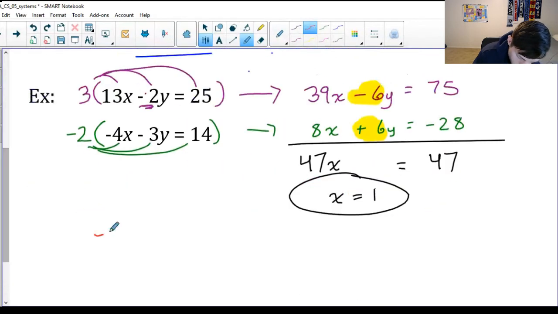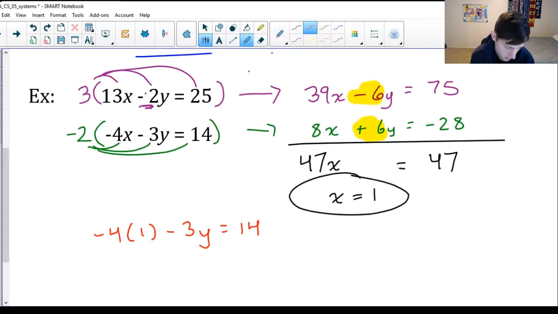So negative 4 times x, but we know x is 1, minus 3y equals 14. Doing some intense calculations, negative 4 times 1 is negative 4.